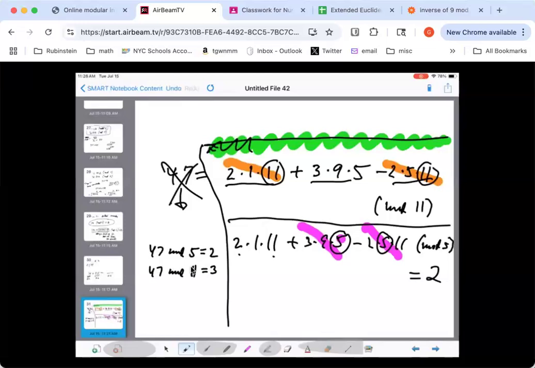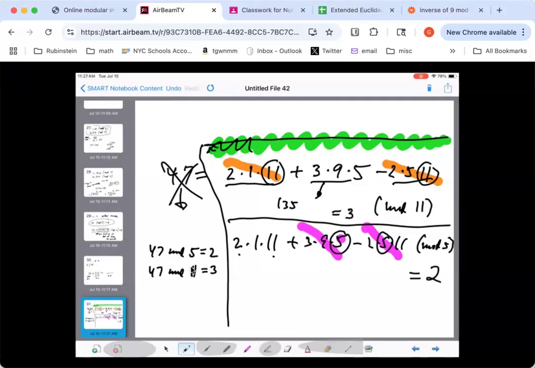For now, I'm just going to multiply it. And I get 135. And 135 mod 11 ends up becoming 3, but maybe that took a little more work than I wanted to do.